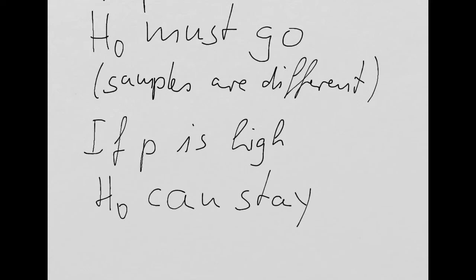So, if P is low, we reject the null hypothesis. The samples are not the same. If P is high, H naught can stay. You probably won't forget that in a hurry. You see? H naught can stay, and therefore samples are the same.